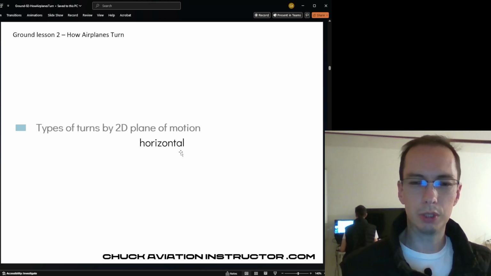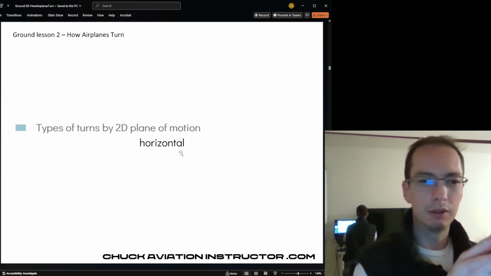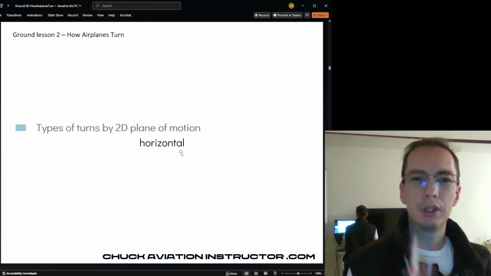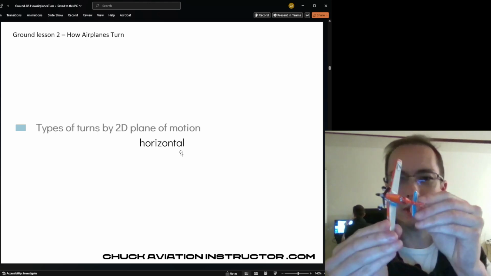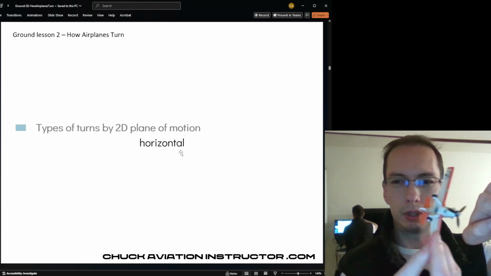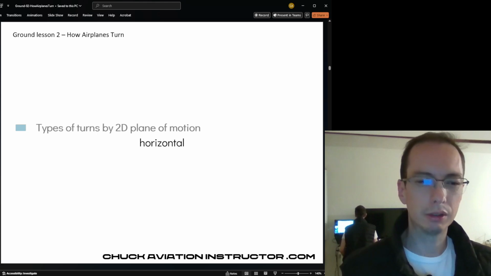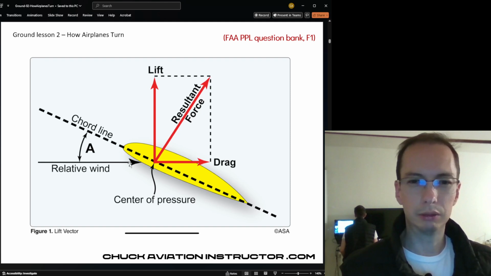In order to turn horizontally, maintaining altitude in a world without gravity, you would need to bank 90 degrees. Where lift points, that's where your airplane goes. And your lift points always perpendicular to your wing.